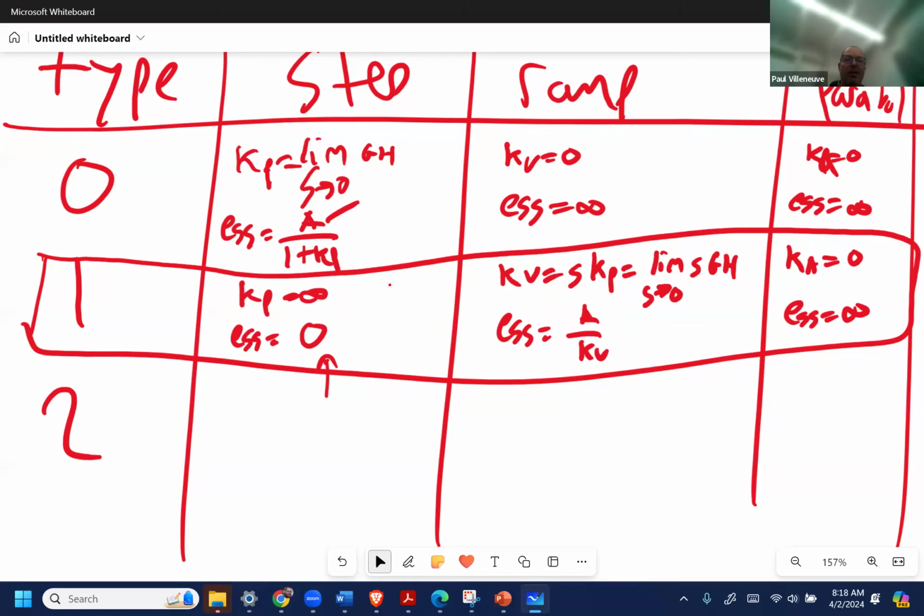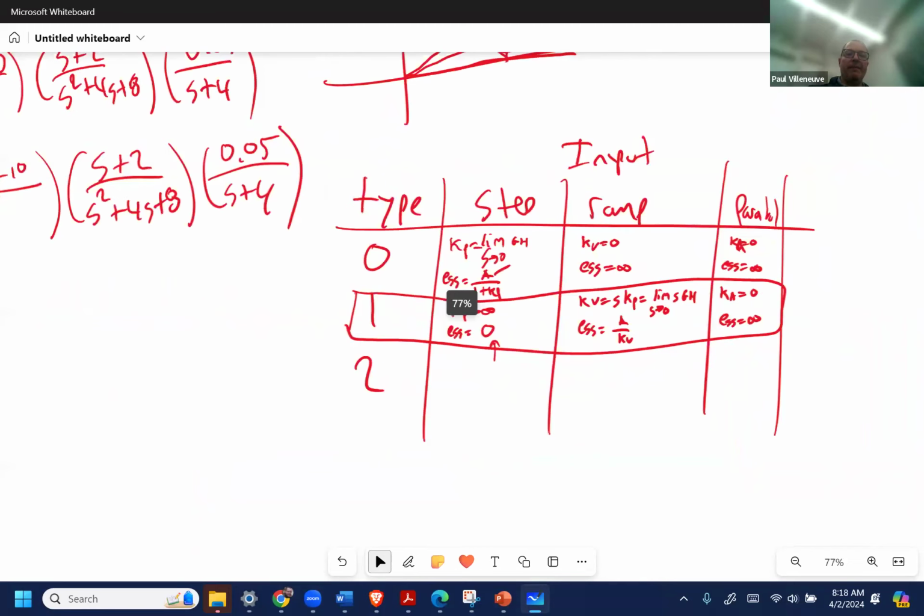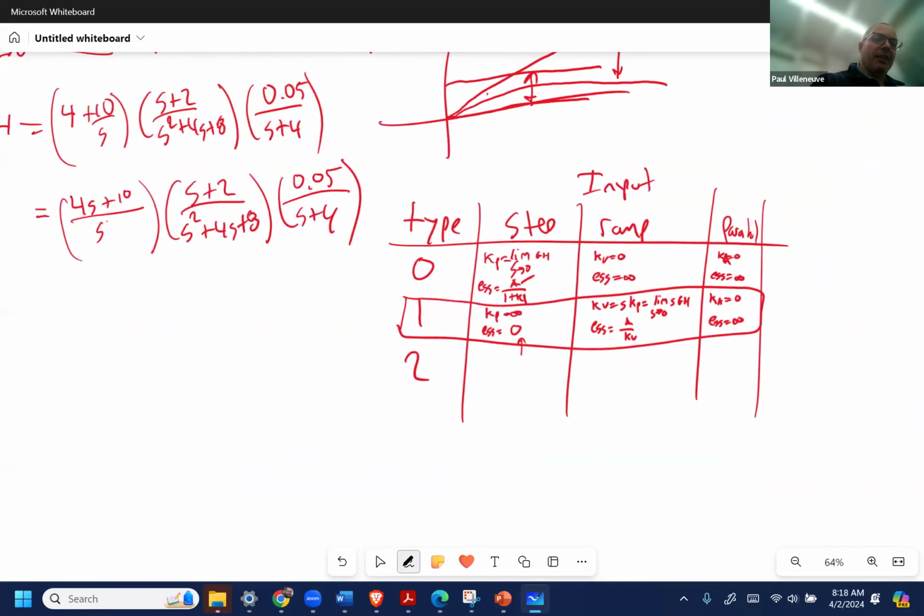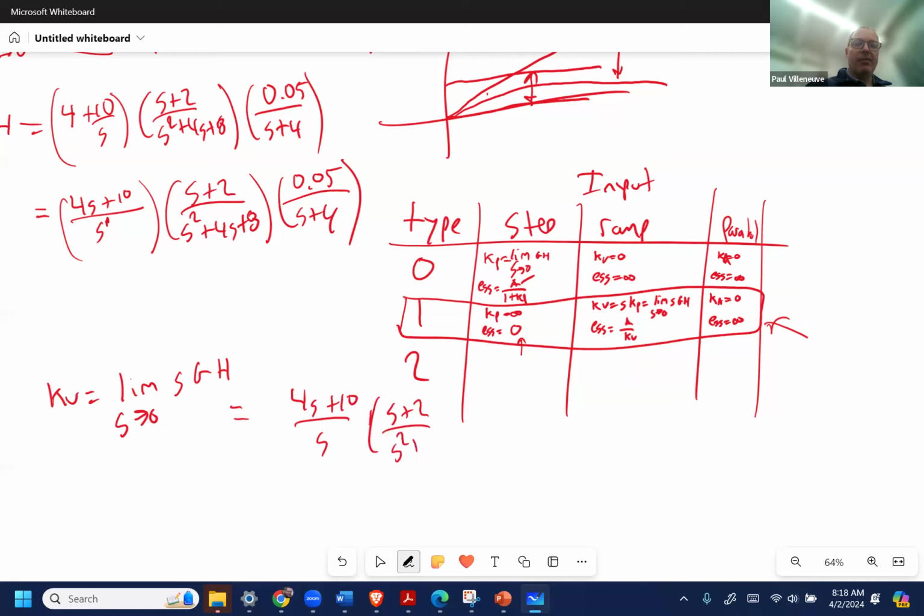So going back to that problem, zoom out again a little bit. I've got a type 1 system because I have one integrator at S equals 0. So I use this table, which means I calculate K sub V, which is the limit as S approaches 0, S GH, which is going to be equal to 4S plus 10 over S, times S plus 2 over S squared plus 4S plus 8.